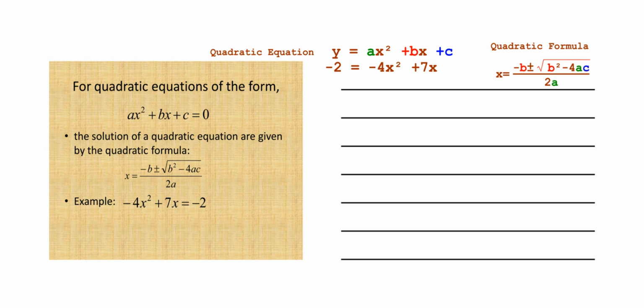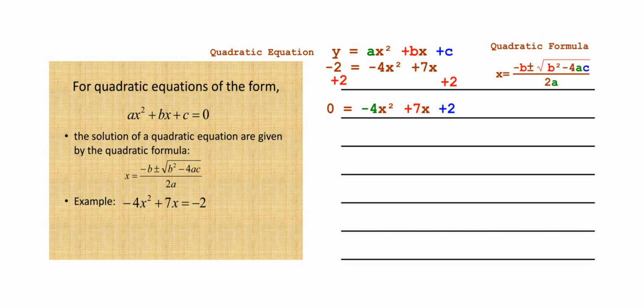So in order to have everything on one side, I must move the negative 2 to have it equal to 0. So moving the negative 2 makes it a positive 2. And what I do to one side, I must do to the other side, right? The 2 has no x, so it's not going to be added to the x squared or the x. So in other words, we're just adding it to the end for this case. So we now have 0 equals negative 4x squared plus 7x plus 2.